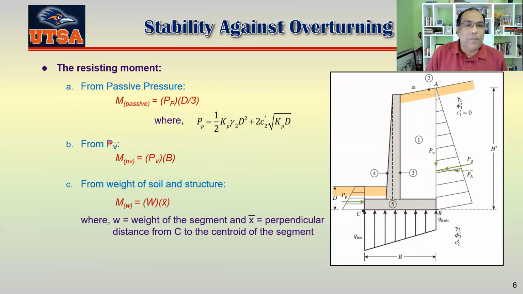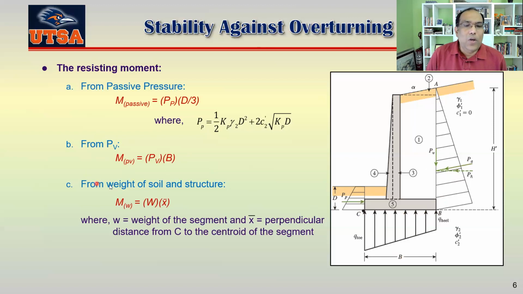So you can see from PV, your MV is basically PV multiplied by the distance from here to here, which is nothing but the width of the wall, B, that's what we are trying to show.